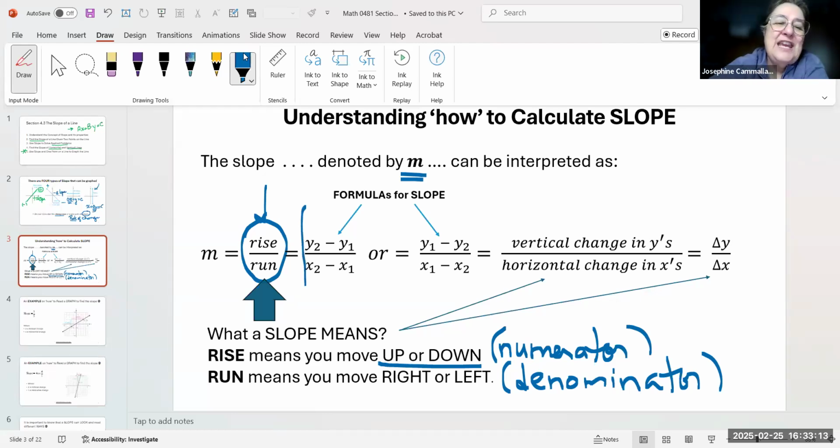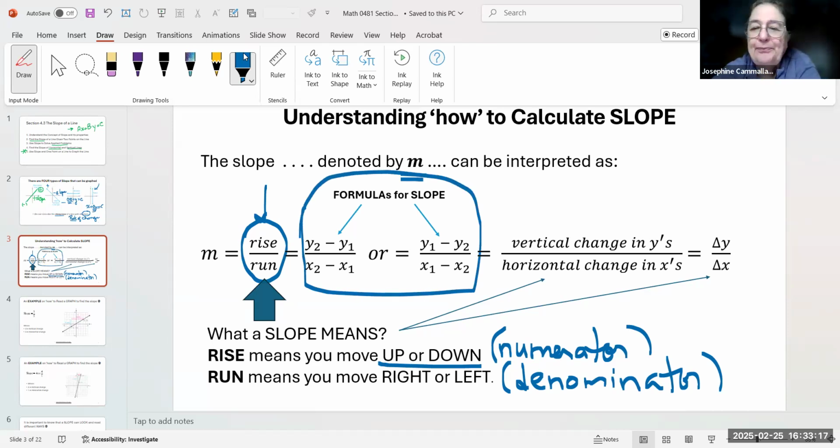Now, these are formulas for a slope. This is how we algebraically determine the slope. Now, the other definition of rise over run is the change in y's over the change in x's.